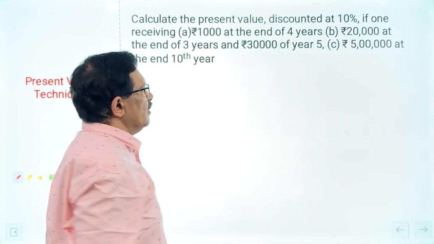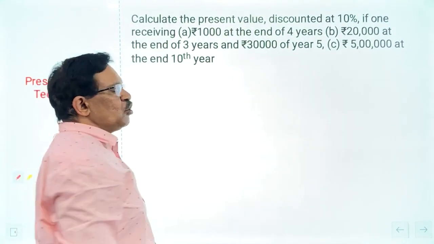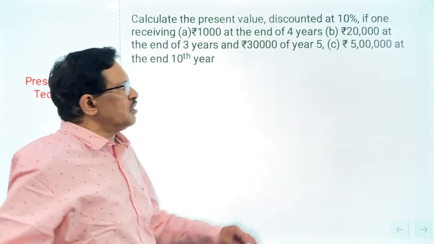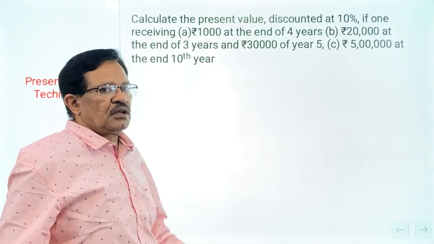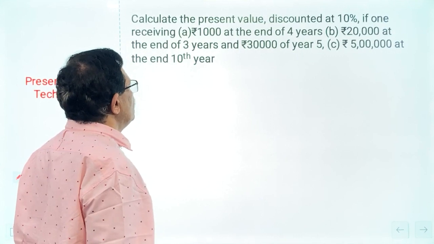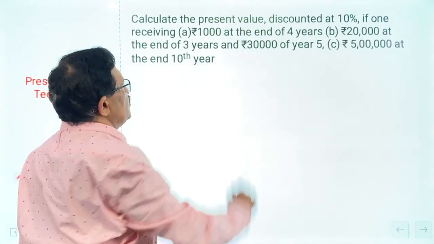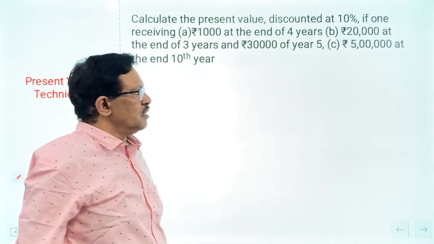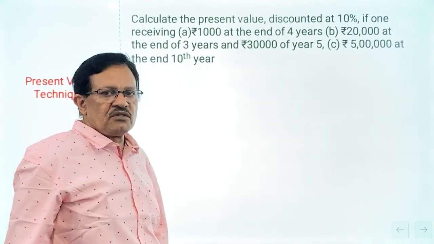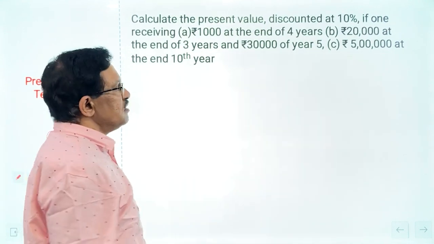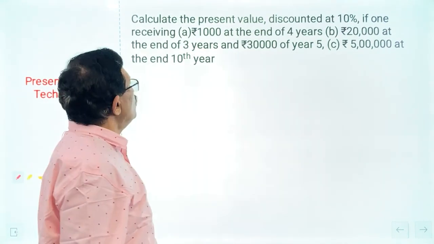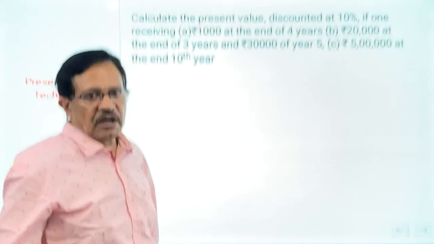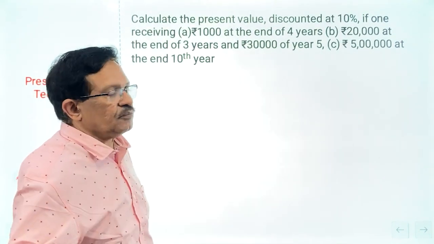I want you to solve this problem, which is similar to the first one. I am just giving the clue. The future value is 5 lakhs rupees, the discount factor is 10% and the number of years is 10. So the present value is going to be 5 lakhs divided by (1 plus 0.10) whole to the power of 10. You can simply calculate that by using a scientific calculator.